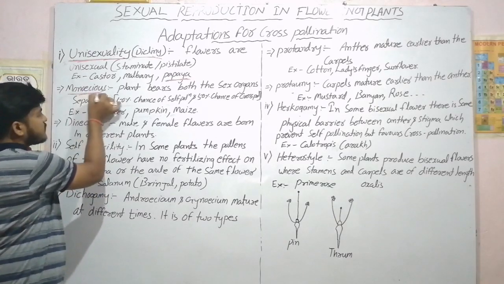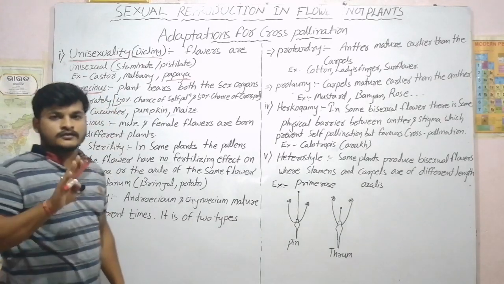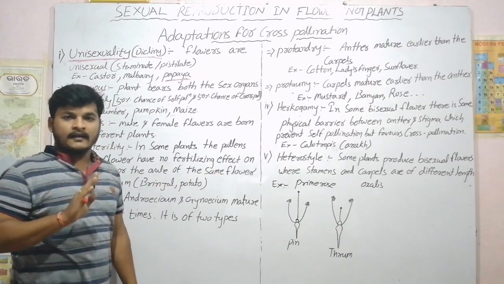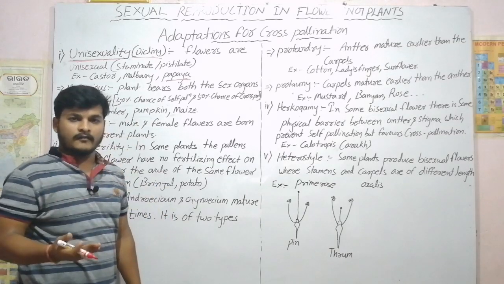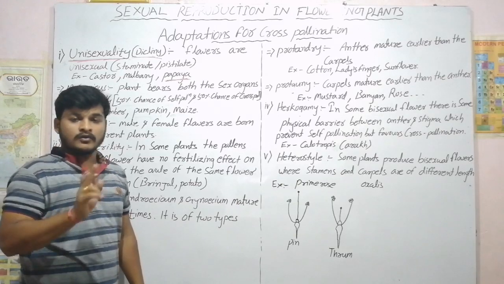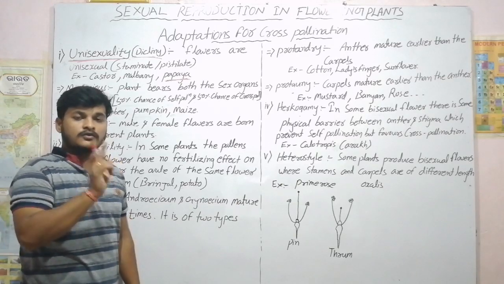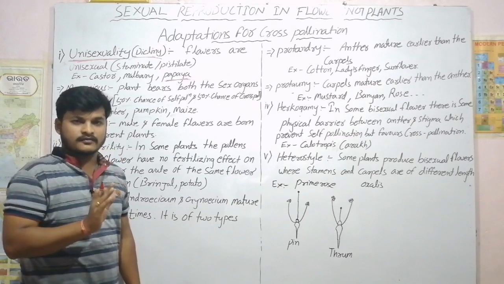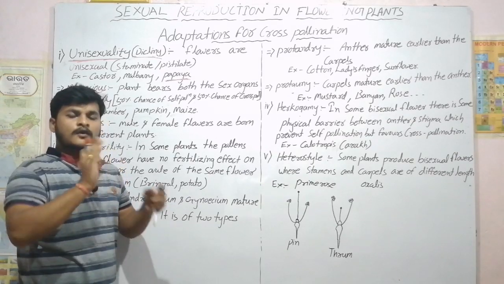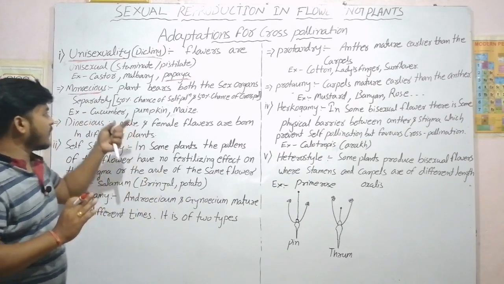In the monoecious condition, the plant bears both sex organs. That means there are male flowers and also female flowers, but not both in a single flower. The flowers are not bisexual; they are unisexual, but both kinds of flowers are present in a single plant. So the plant bears both sex organs separately, that means staminate and pistillate flowers are present separately.